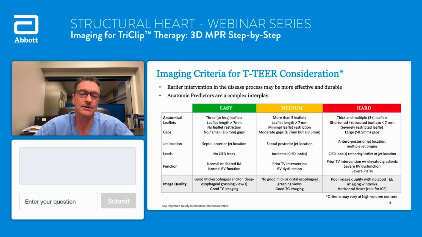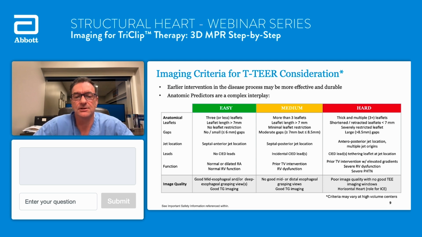That's a relatively easy place to deploy a clip. No electronic leads, and ideally normal RV size and function. And of course, good image quality. Good everywhere is ideal, from the esophageal to the transgastric. So when you have all of those things lined up, you can anticipate a relatively easy TriClip case.